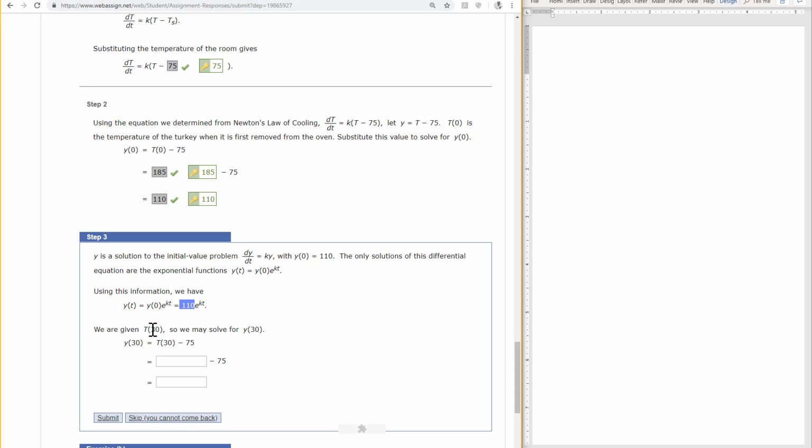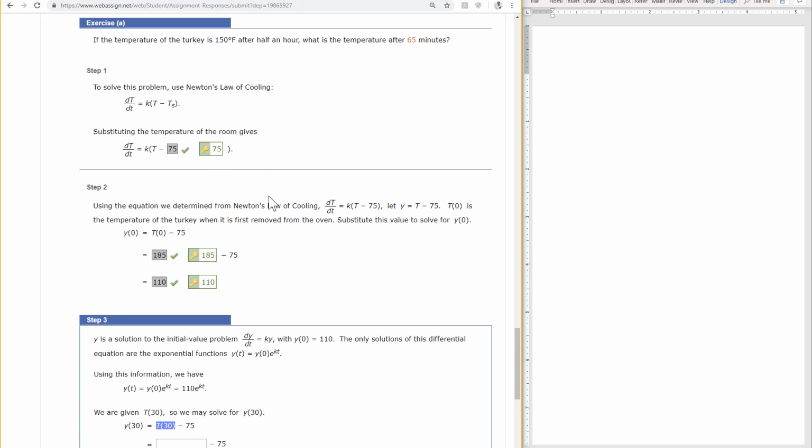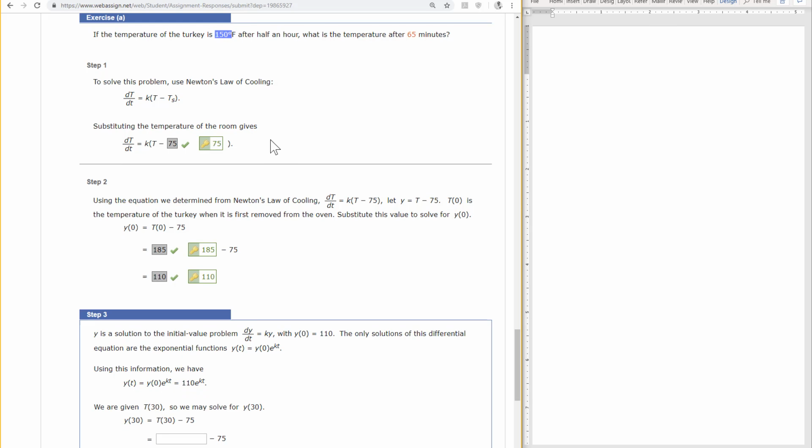Now we're given that t is equal to 30, so we are interested in solving for y of 30, because we'll use that information to solve for k. So y of 30 is T of 30 minus 75. The temperature of the turkey in 30 minutes, that's half an hour, is 150 degrees.